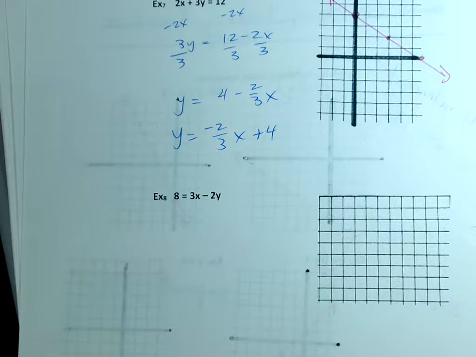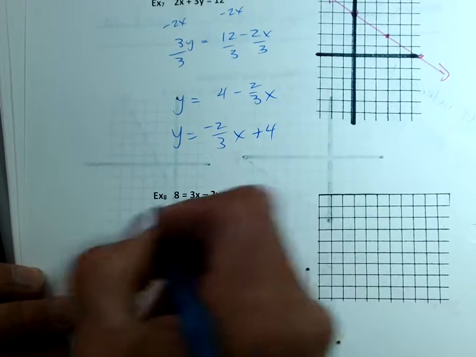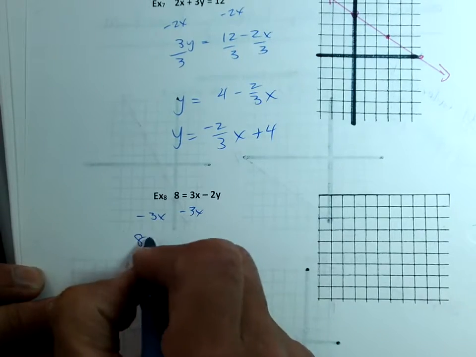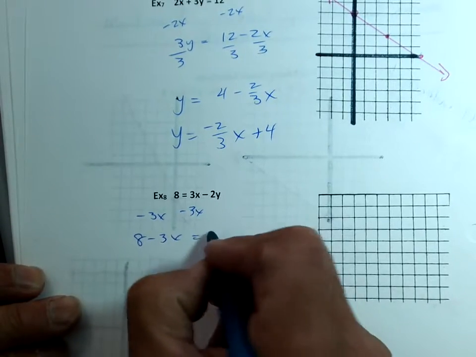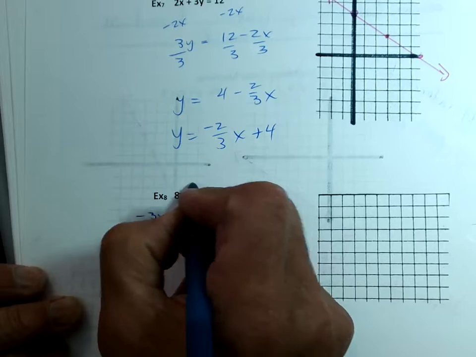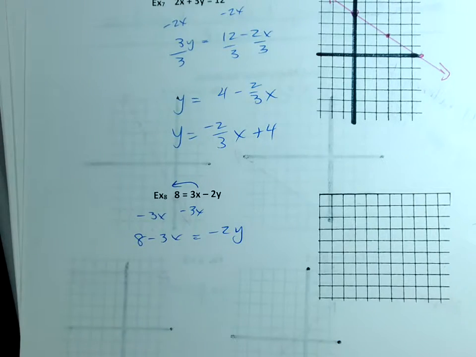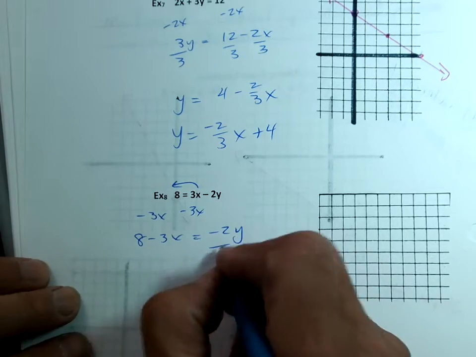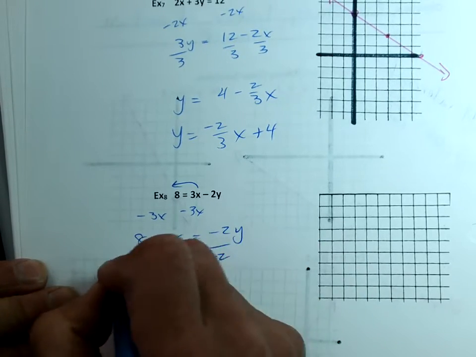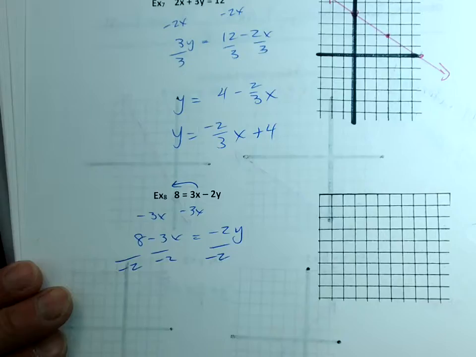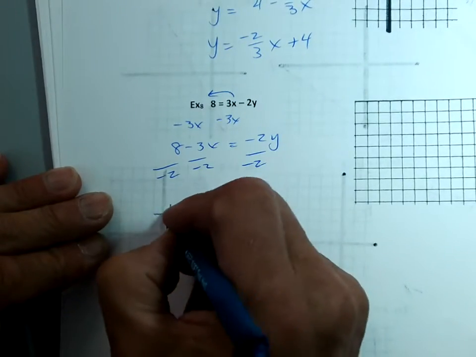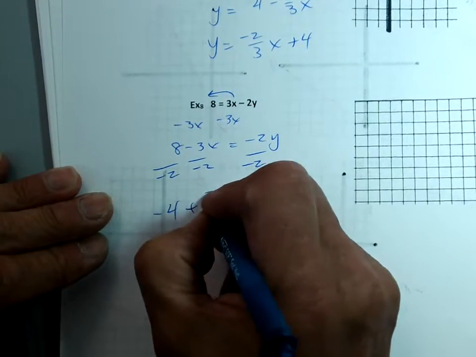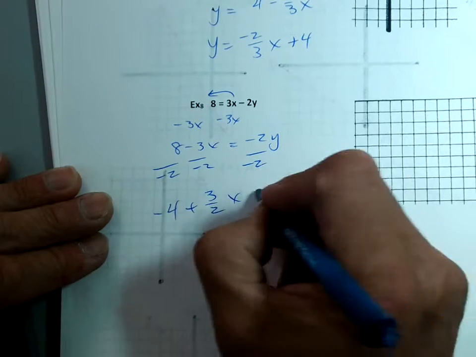How about example 8? You gotta get rid of the x. Isaac, what'd you do? You gotta get rid of the x. Okay, so we went minus 3x, minus 3x. So I've got 8 minus 3x equals -2y. Divide everything by -2. So I'm going to have -4 plus 3/2 x equals y.